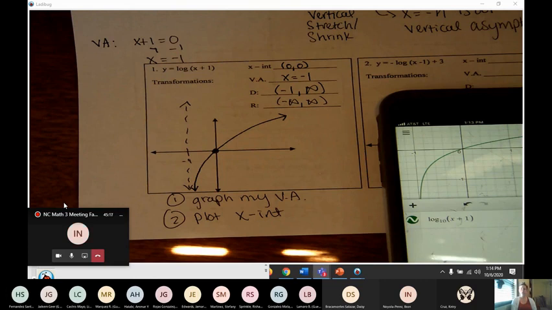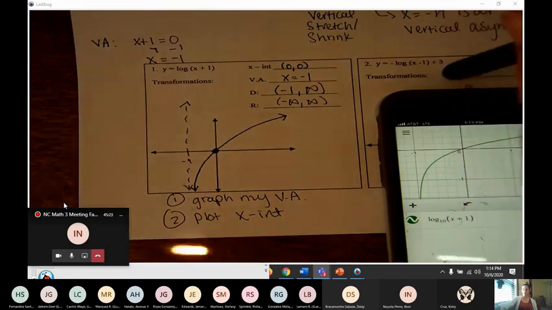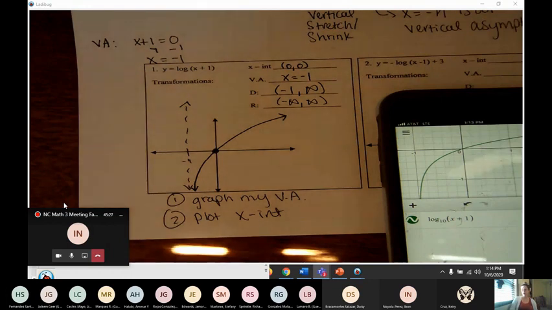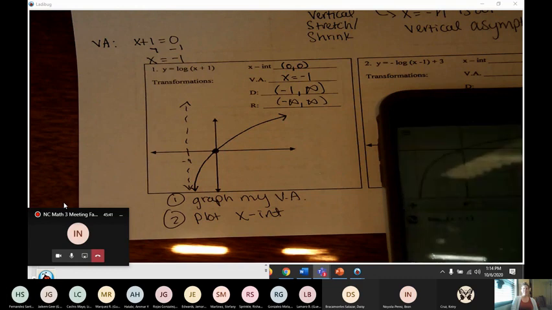Okay, so I'd like you guys to finish this up, post the solution for 2 with our finished notes so that you guys can see how that one worked. And then I want you guys to do numbers 3, 4, 5, and 6 on the back. And I want you to identify the key features and graph them.